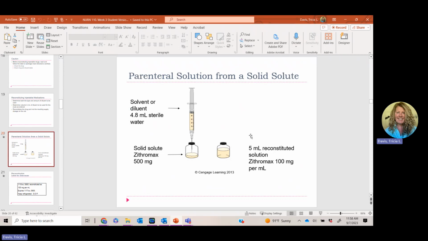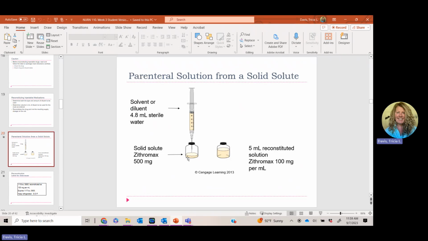And a lot of people may say, well, you only put 4.8 mLs in. How are you getting 5 mLs? Well, this powder actually takes up space. So we say that's about 0.2 mLs. So once we add the 4.8 of water to this and we shake it up and we dilute everything and get it all mixed, then we end up with this 5 mLs.